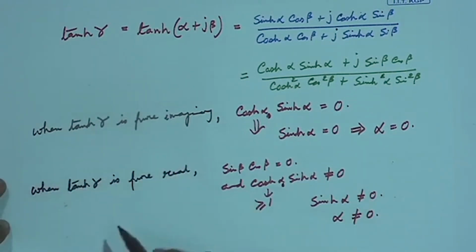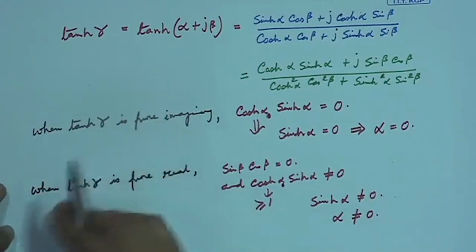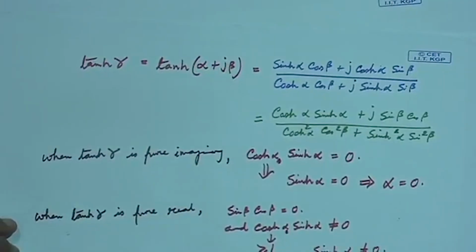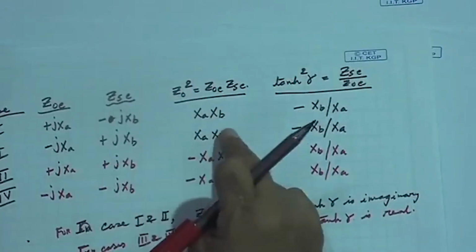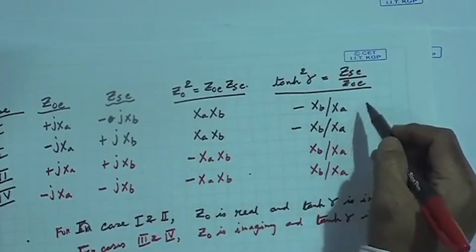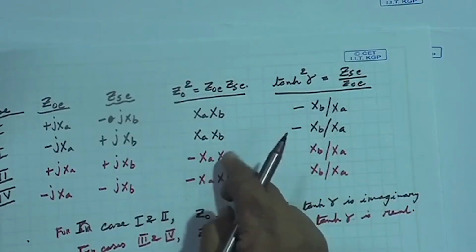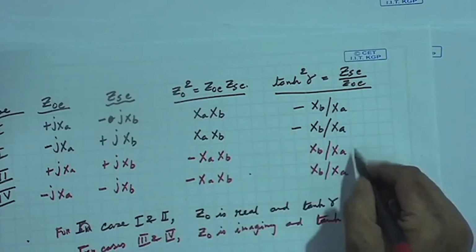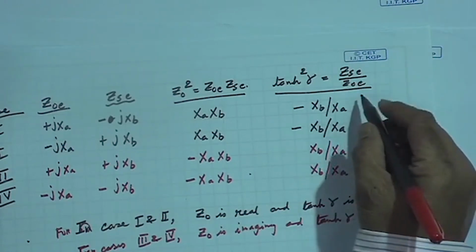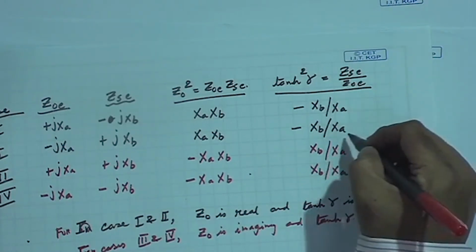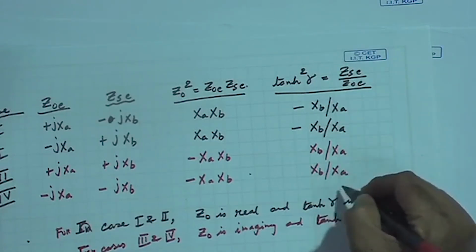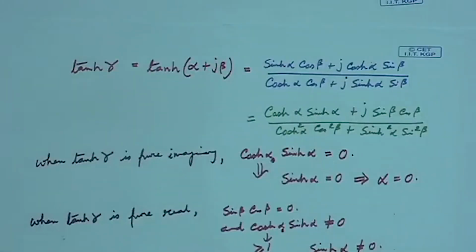So, that proves the theorem. Let me go to my cases. In this case when Z naught is real, there will be no attenuation, and when Z naught is imaginary, there will definitely be attenuation. So, can I not say that if I enforce this condition, this is my pass band condition and this is my stop band condition of a filter.